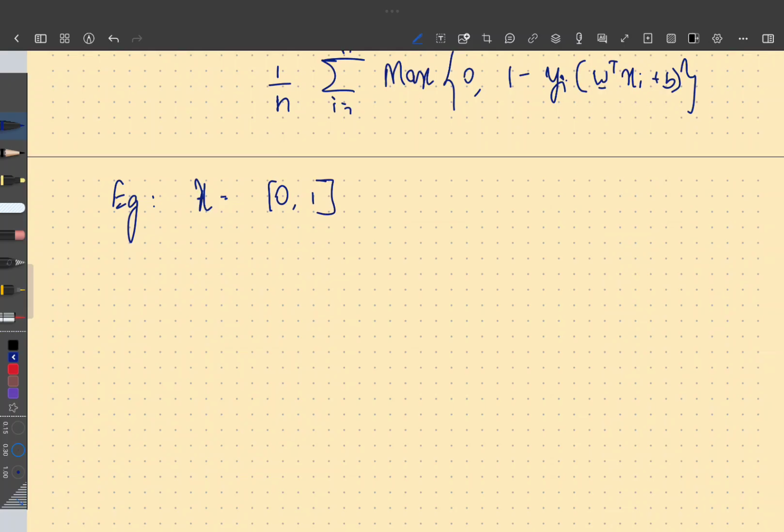Let us suppose that the true classifier is y equal to the indicator that x lies between some a and b.